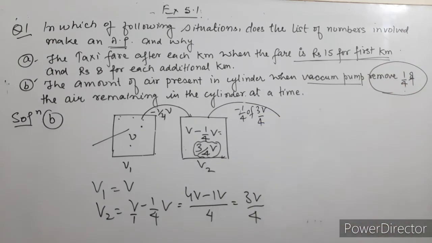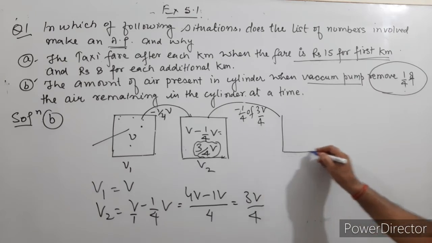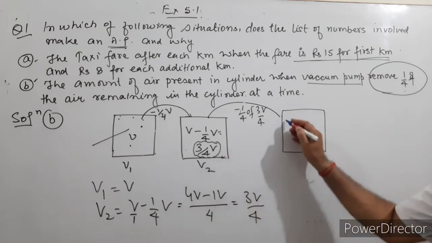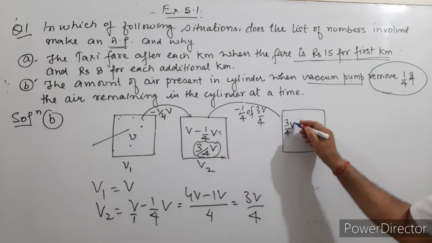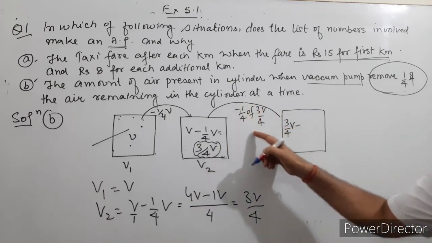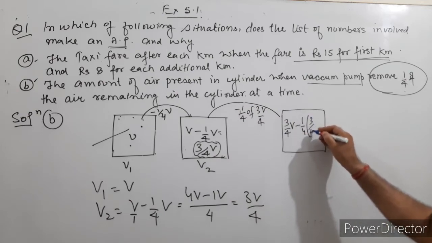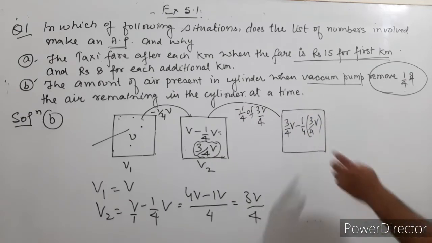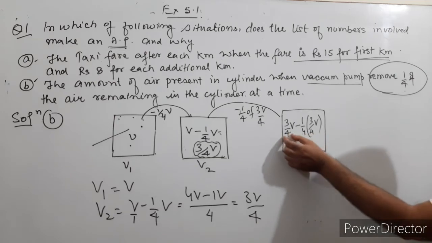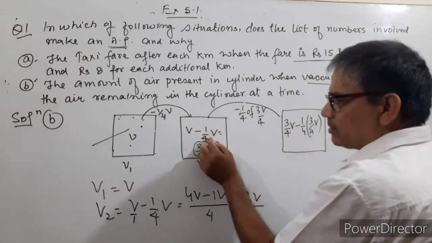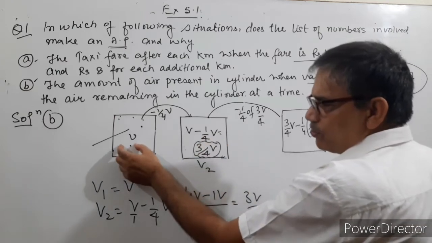And then what is the answer? Answer is, here is the box. What is the volume? Here 3/4 is left. V minus what is taken out? 1/4 of 3/4V, 1/4 of the remaining. This is remaining, and 1/4 of the remaining. V is the volume.